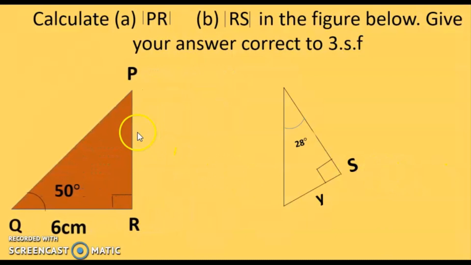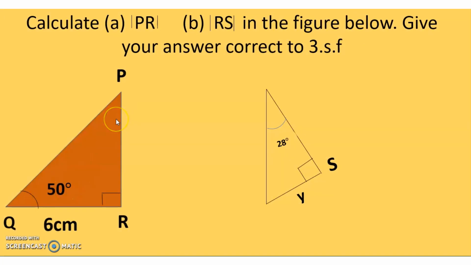The first triangle is triangle PQR as stated earlier, while the second triangle is triangle PRS, because PR is common to both triangles.